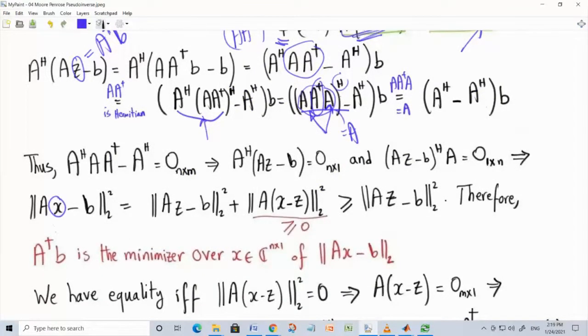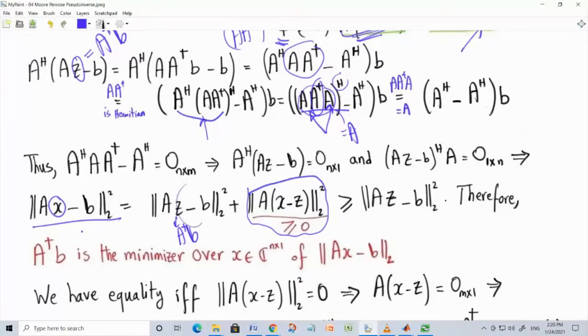So if you take a general vector x, the L2 norm squared of Ax minus B is equal to the L2 norm squared of AZ minus B, where Z is this guy, plus the L2 norm squared of A multiplied by the difference between x and Z. Now this is an L2 norm squared, so it's a non-negative quantity.